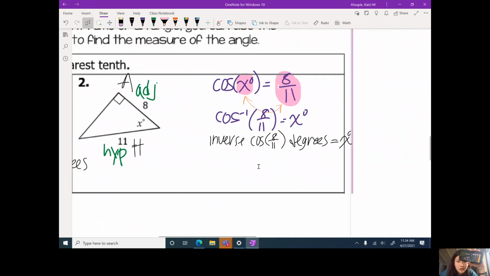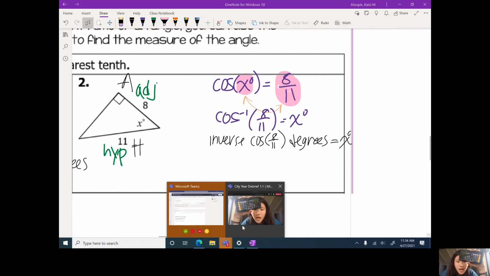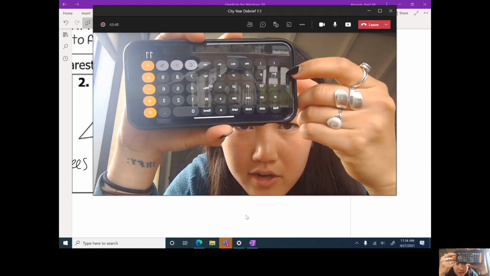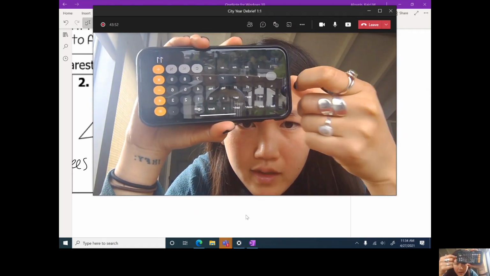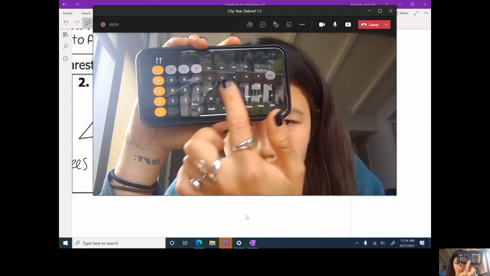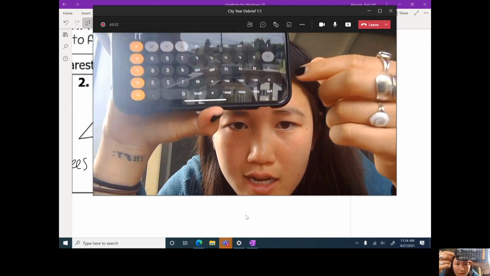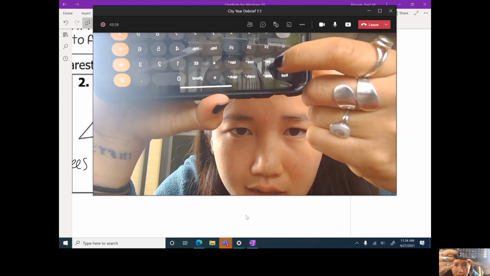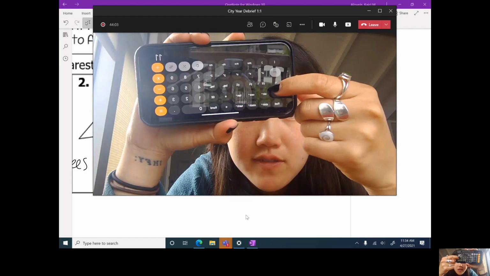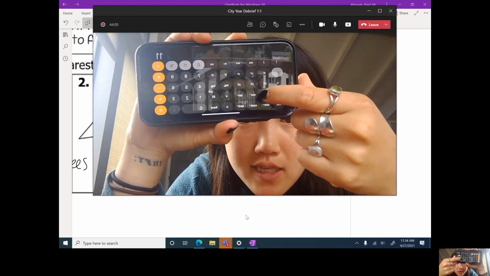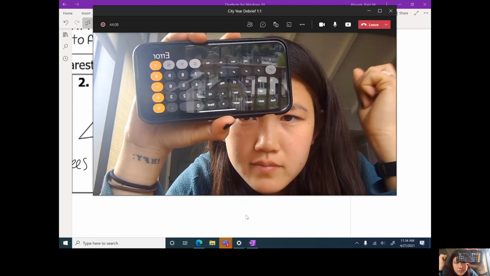We have 8 over 11, because it's adjacent over hypotenuse. And then I'm going to press this button right here that says second. I'm going to press that second button, and a few of these button functions change. Now you can see there's sine -1, cosine -1, tangent -1, the inverse functions of sine, cosine, and tangent. We're going to press the inverse of cosine.